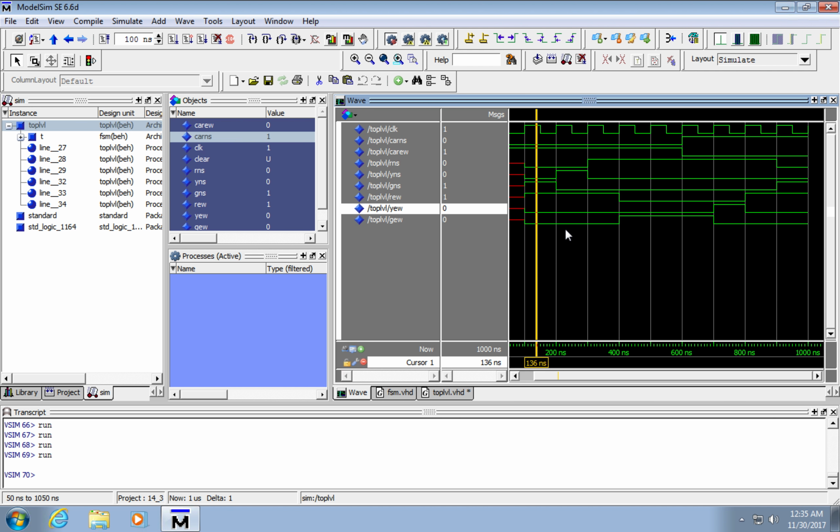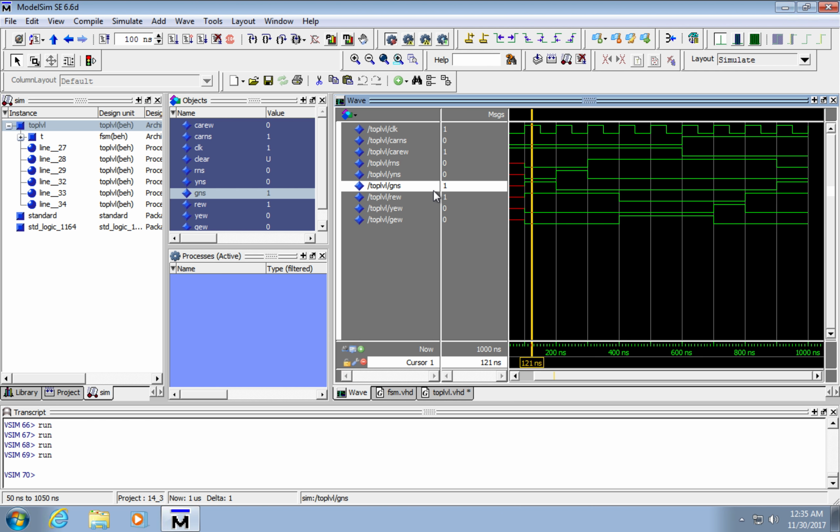In the simulation, to verify that the code is running properly, I made car north-south 0 and car east-west 1. So it starts at state 0, and I know this because north-south is green and east-west is red.